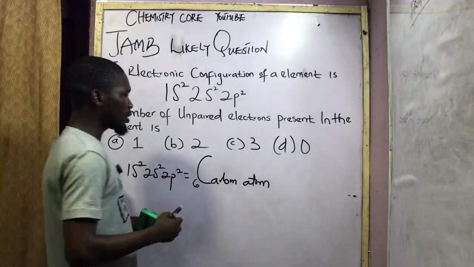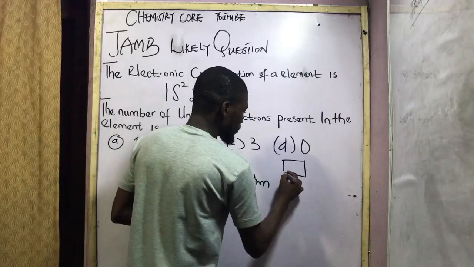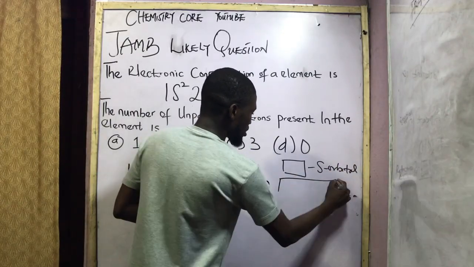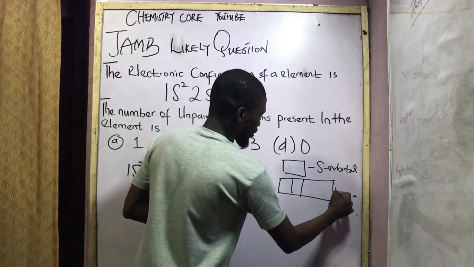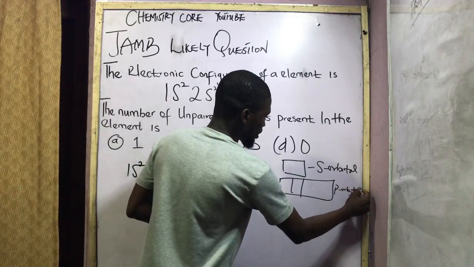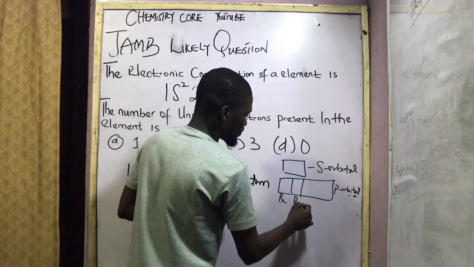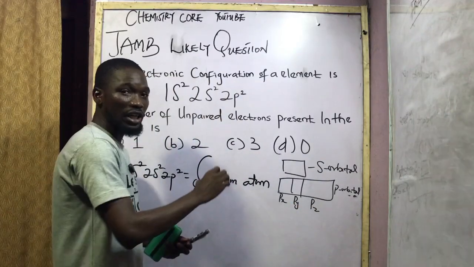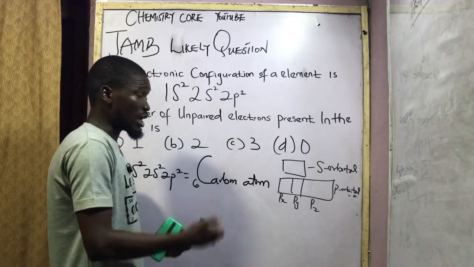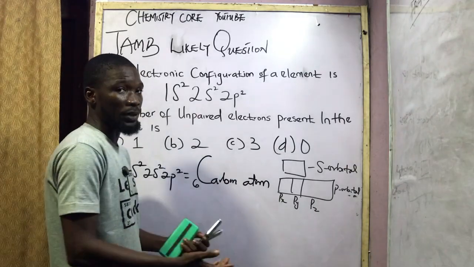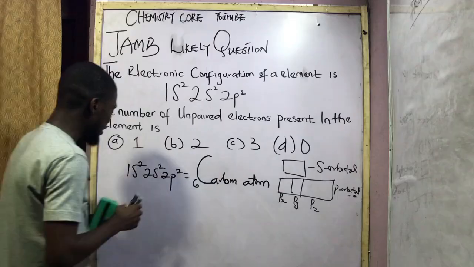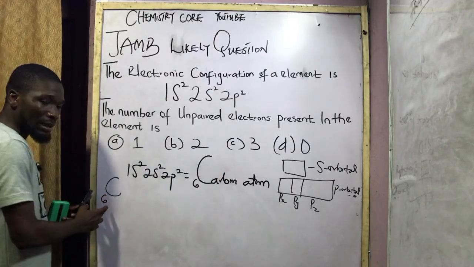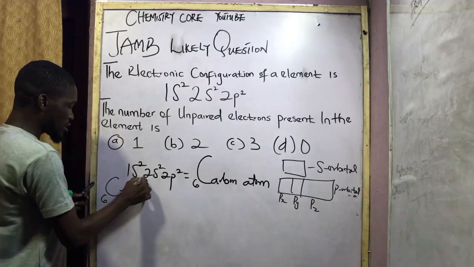So let's take a look. We have this standing for our s orbital. This, we have our p orbital, and don't forget we have px, py, and what? pz. So I will only make use of these two degenerate orbitals since we are only given the s and the p orbital. Are you with me now? So guys, element carbon with 6, that is the atomic number of carbon, and we have this.